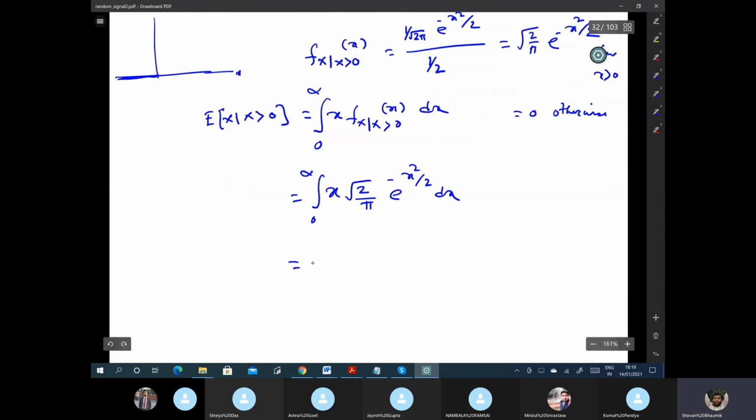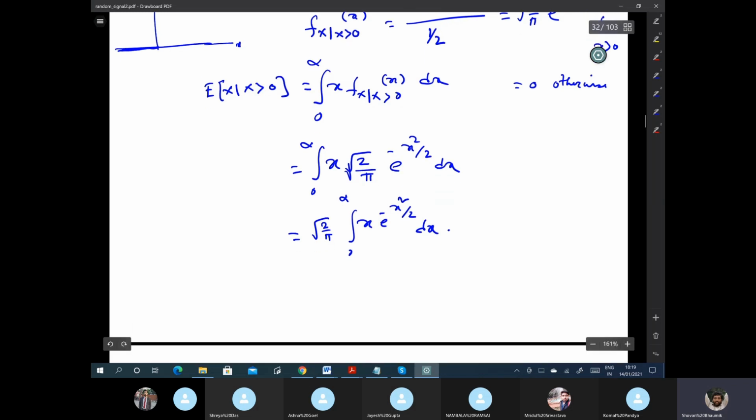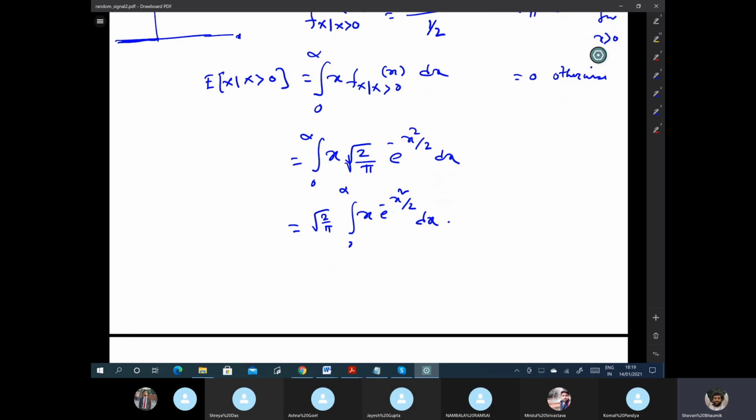That means it will be root 2 by pi integration 0 to infinity x e to the power minus x square by 2 dx, right? We can take x square as z or y something, then x will cancel out. Or we can do it by partial fraction; partial fraction is better. It is e to the power minus x square by 2 into x, whose derivative will be 1.